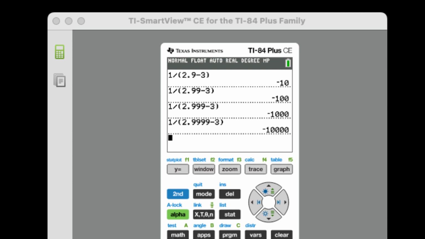What's the pattern? Well, let's be careful. First of all, the number's negative. Negative 10, negative 100, negative 1,000, negative 10,000. What do you think? If you get even closer to 3 from the left, what might you get? Negative 100,000. If you don't believe me, try it out.